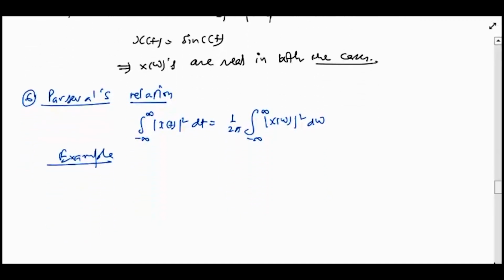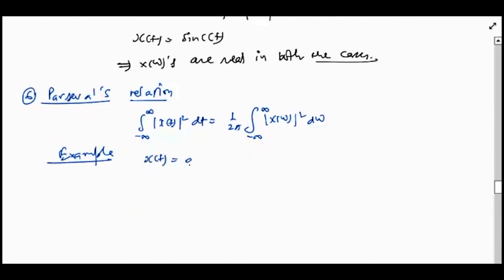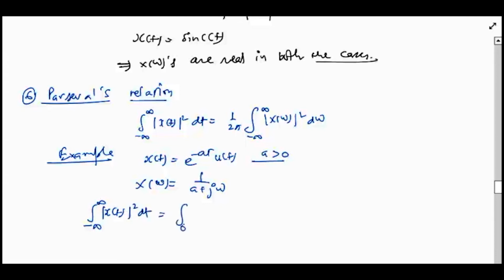We again go back to the example where x(t) is e raised to minus a t u(t), a greater than 0. In this case, we have readily seen that X(omega) is 1 over (a plus j omega). Let us compute the following integral: minus infinity to infinity of |x(t)| squared dt, which in this case becomes 0 to infinity e to the power minus 2at dt, which on simplification gives 1 over 2a.